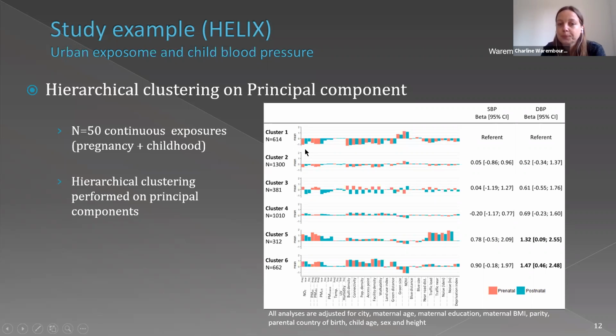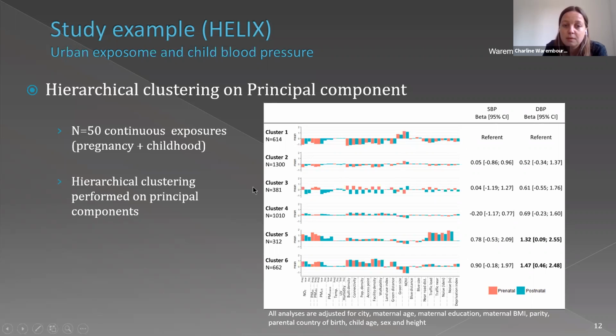For example, we can see that cluster 1 is characterized by a lower exposure to air pollution, a lower exposure to different variables of the built environment, higher proximity to green spaces, and lower exposure to traffic and noise.